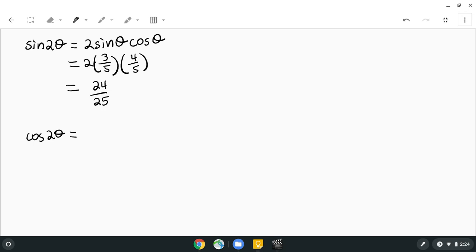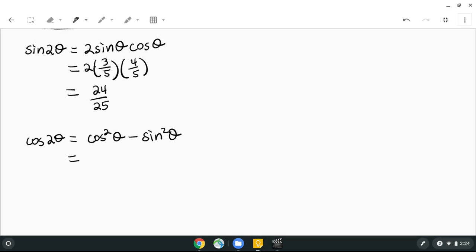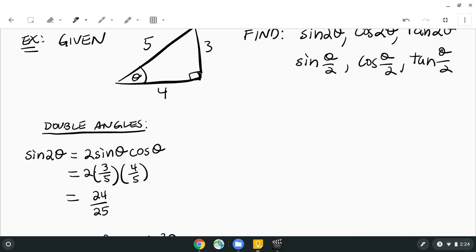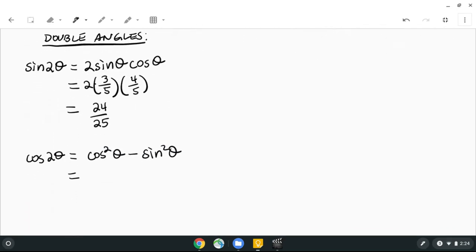Okay, so cosine squared minus sine squared. And from my right triangle, I see that cosine, again, adjacent over hypotenuse, so 4 over 5.